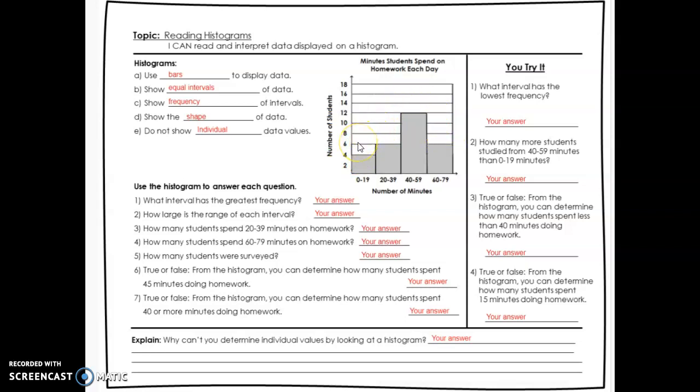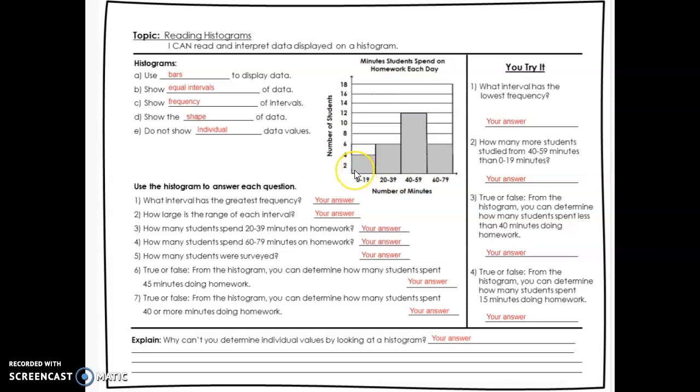And something that's really important to realize is that a histogram does not show individual data values. So what I mean by that is this histogram shows the minutes students spend on homework each day, and the number of minutes is down here. And so what this says is that there are 4 students who spend between 0 and 19 minutes on their homework, but we do not know how many minutes each individual spends.